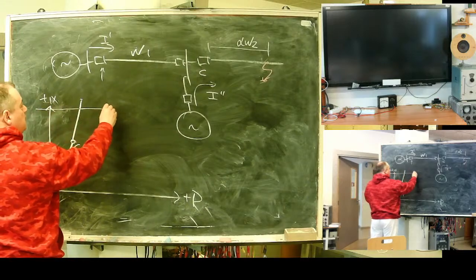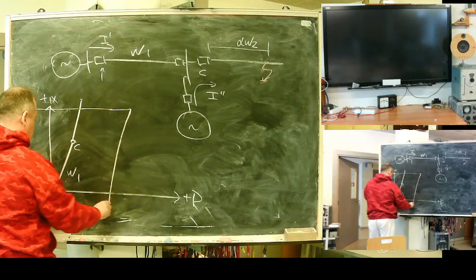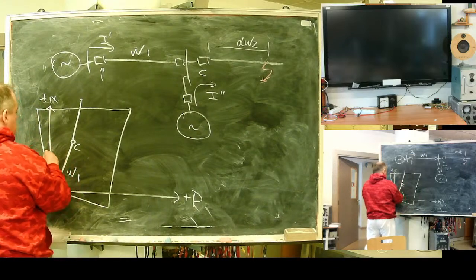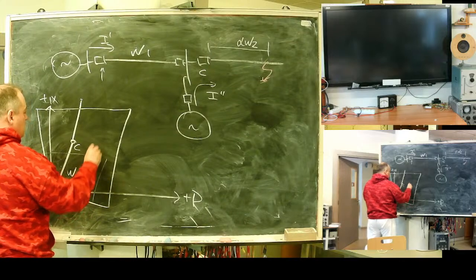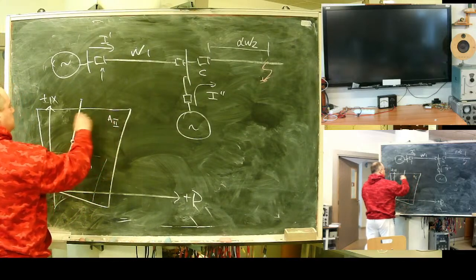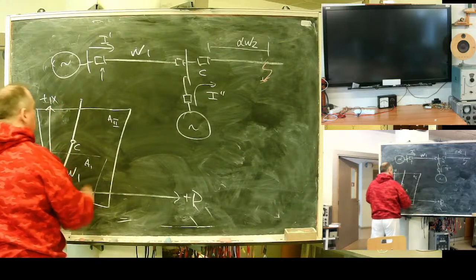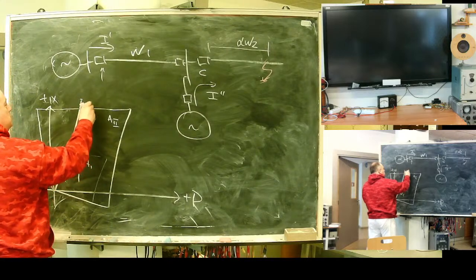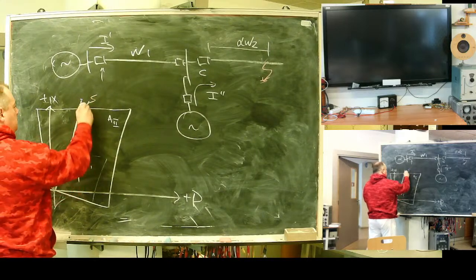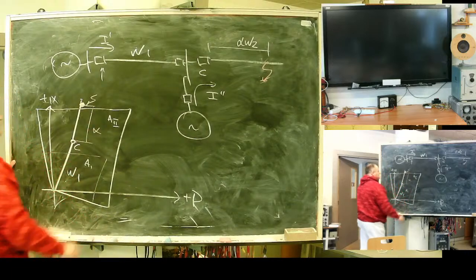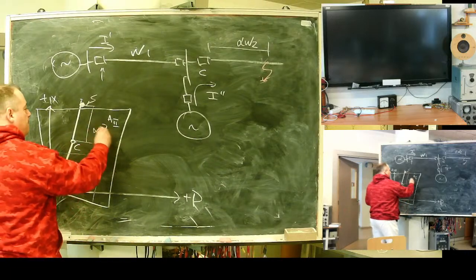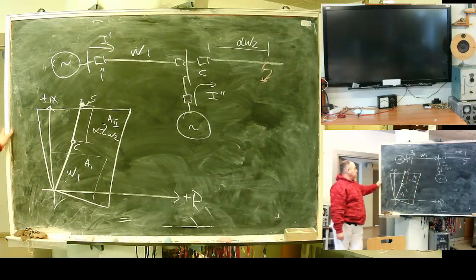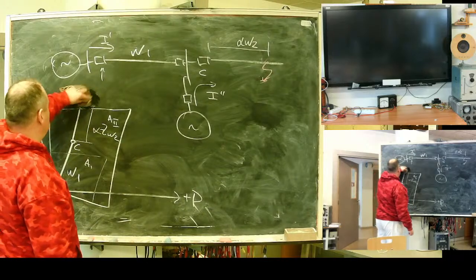Let's assume it's inside your protected zone. This is A1, let's say this is A2, and here is the point of fault at a distance alpha. That is what you should see.